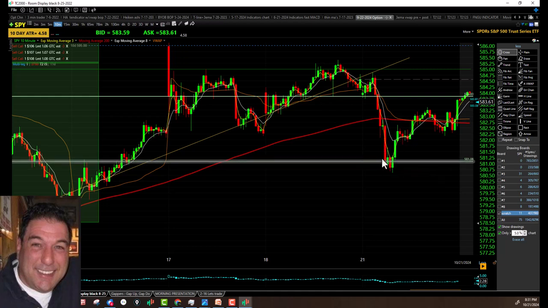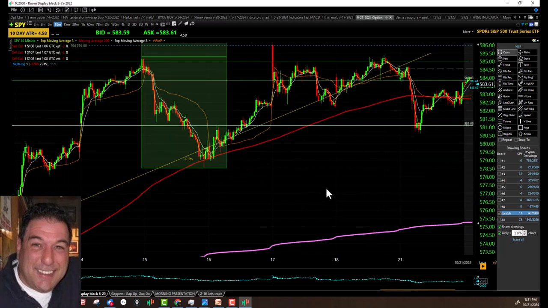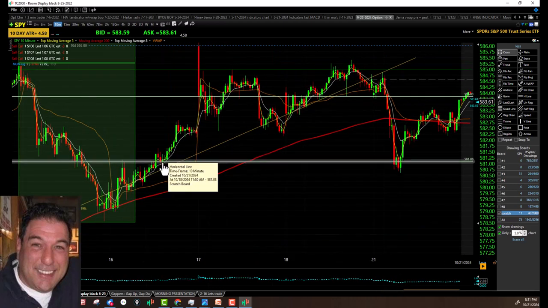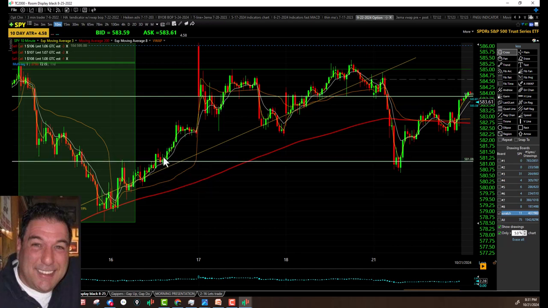Bull stepped in here. See how the bull stepped in here today? Okay? That's support. See how price came up and came down? Right here. All right? See how it came down? And then from there, they rocketed off up to there.